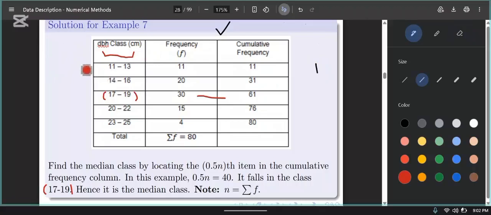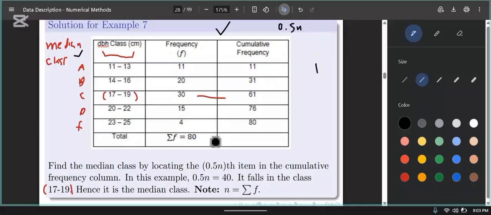Let's say this is class A, this is class B, class C, class D, class E. Which among these will be our median class? That is step number 2. The median class we don't know, so we use this formula, 0.5 n.